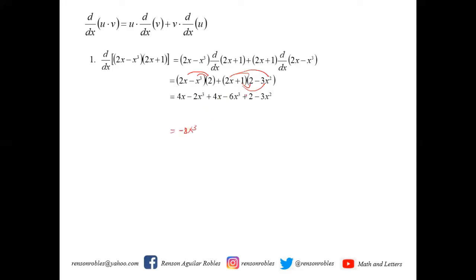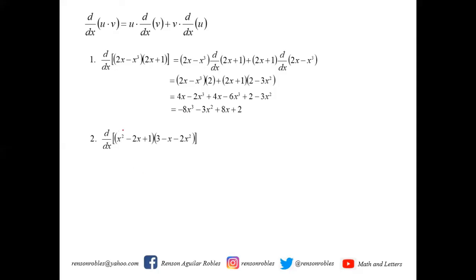And then minus 3x squared, and then we combine these two, 4x plus 4x is 8x, and then you add 2 at the end. Then you have negative 8x cubed minus 3x squared plus 8x plus 2. Okay, next.